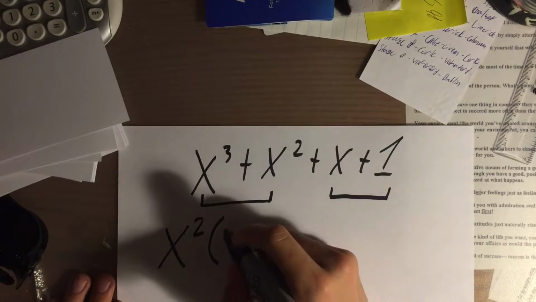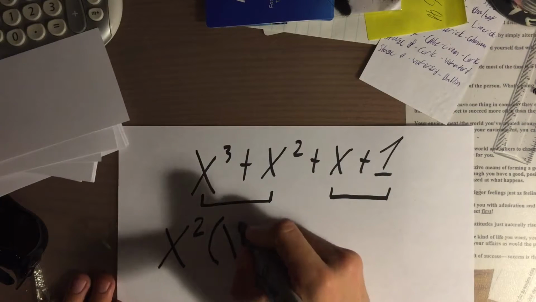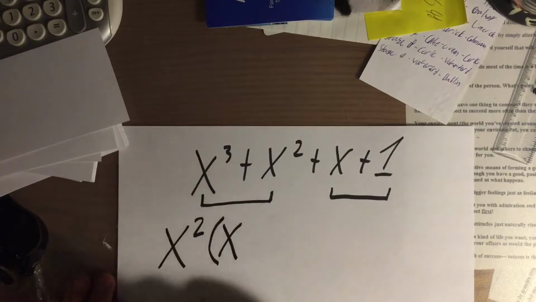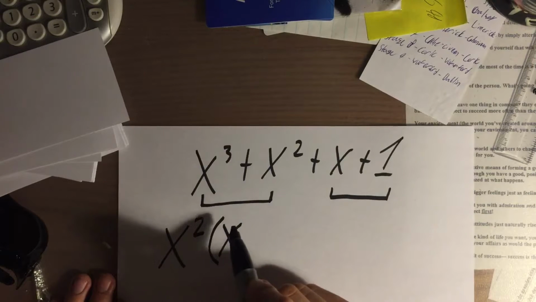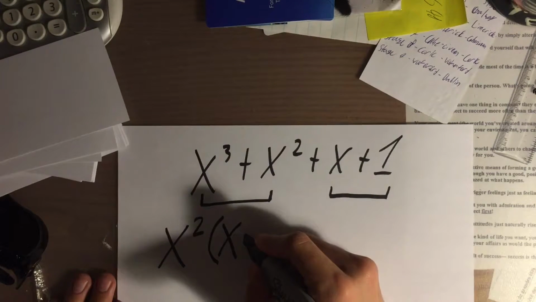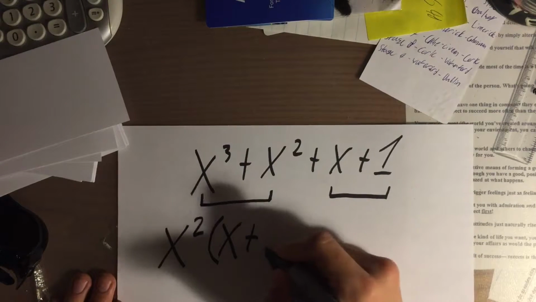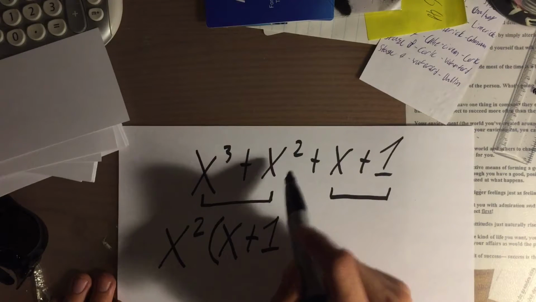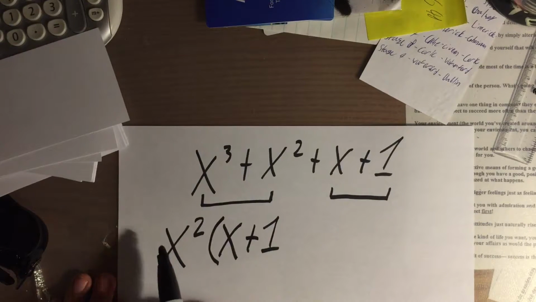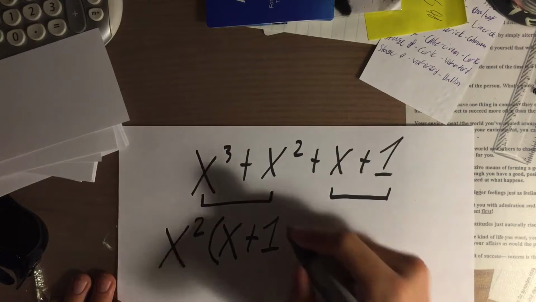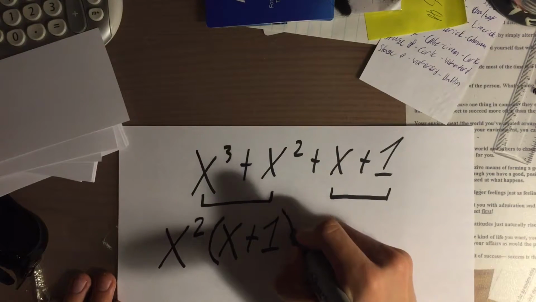So we have to put in an x, as the 2 and the 1 that is invisible will combine to create a 3. Then we must add 1, as this number is the same as this. So x squared times 1 is x squared. And then we close off the parenthesis.